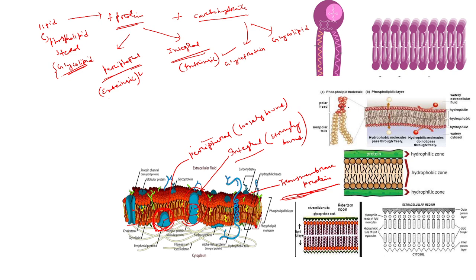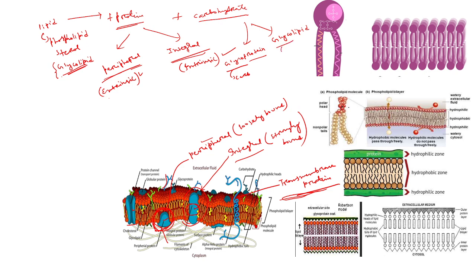Carbohydrate is always present at the outer side, either this side or this side. It is not present in the middle of the plasma membrane. And carbohydrate is only present by binding to either the protein or the lipid. Glyco means carbohydrate, and the protein means protein.